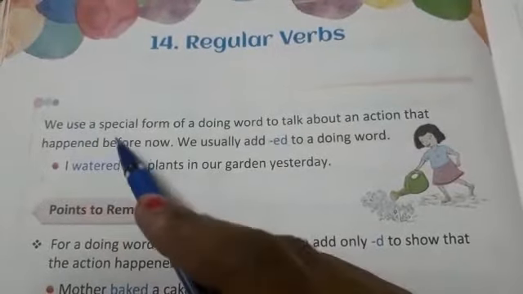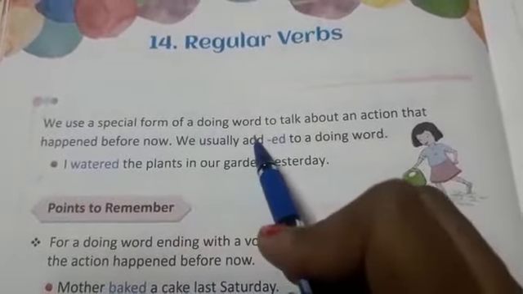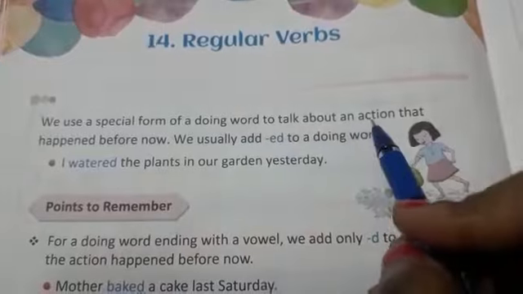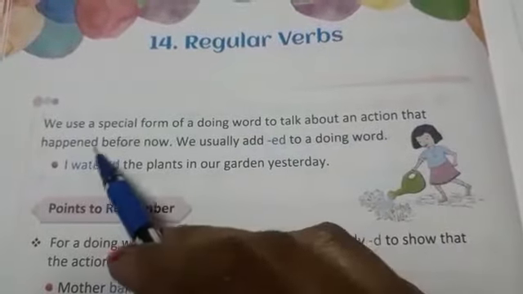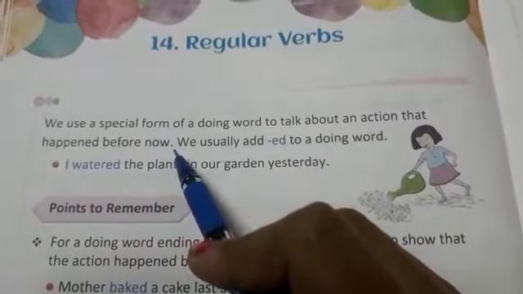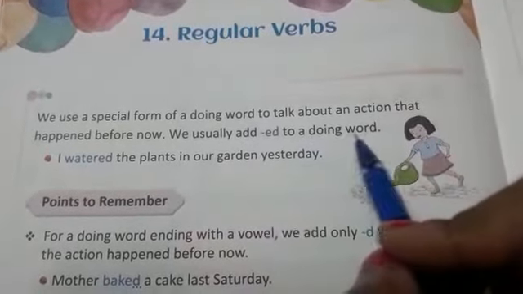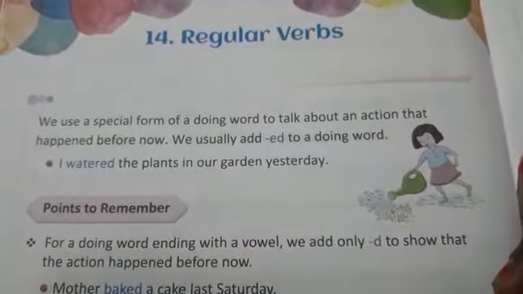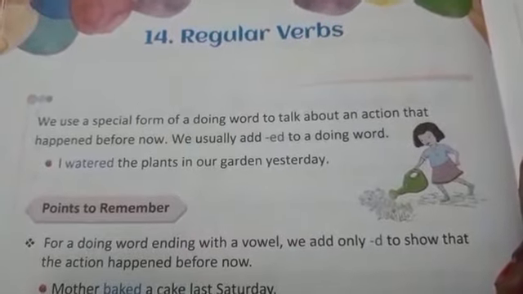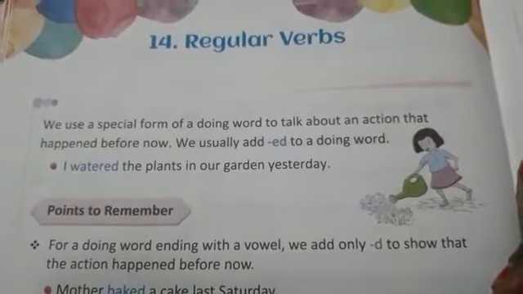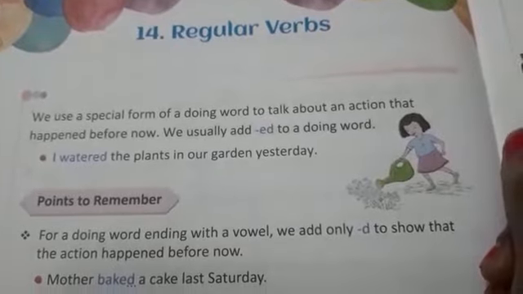We use a special form of a doing word to talk about an action that happened before now. We usually add ed to a doing word. Here we can talk about an action which has already happened.